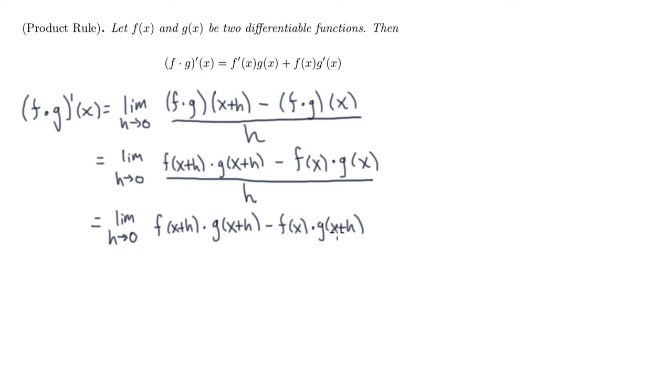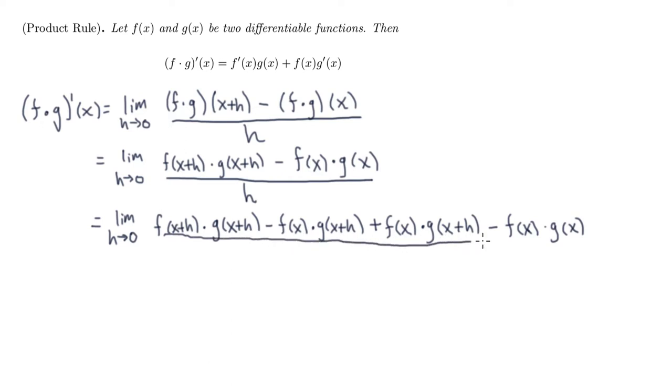I'm subtracting something, so I better add it back to make sure that I'm not actually changing the value of this expression. And then finally, I have minus f of x times g of x, and then all of this over h.